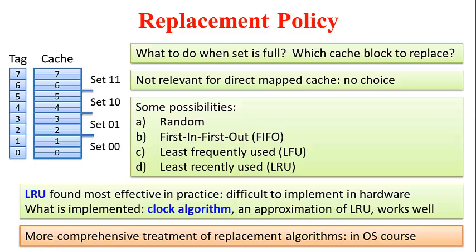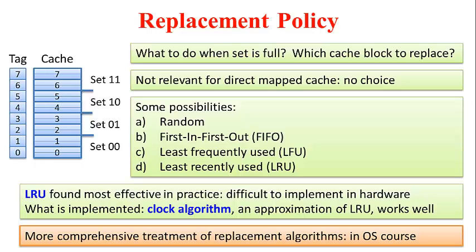The replacement algorithms are discussed in detail in a typical operating systems course. This is because the same algorithms which are relevant to cache block replacement are also relevant to the context of virtual memory, where main memory acts as a cache for virtual memory, and in that context the replacement algorithms are implemented by the operating system.